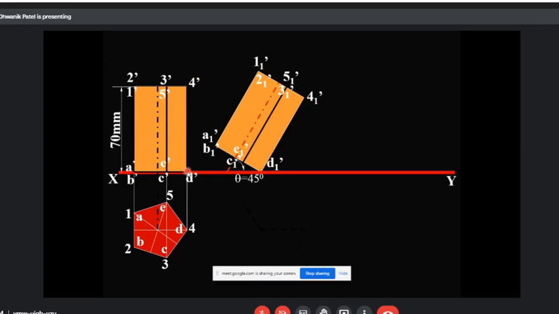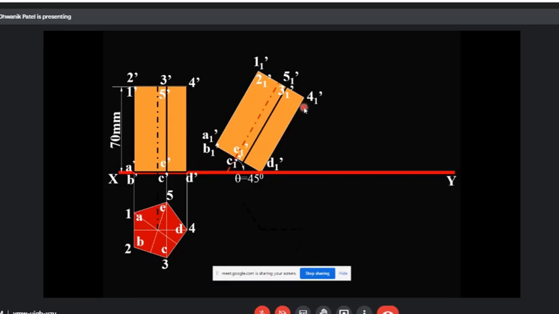Take a radius of D1 dash to A dash and make an arc here. Similarly, take a radius of 4 dash to A dash and make an arc here. In this way, you transfer the whole shape here. That is why 1 dash and 2 dash are made at one point. Clear? Yes, sir. Understand? Yes, sir. Okay, good. Is there another query?